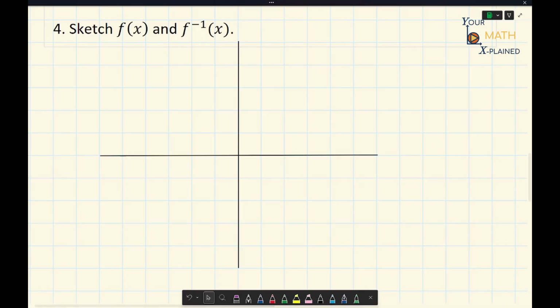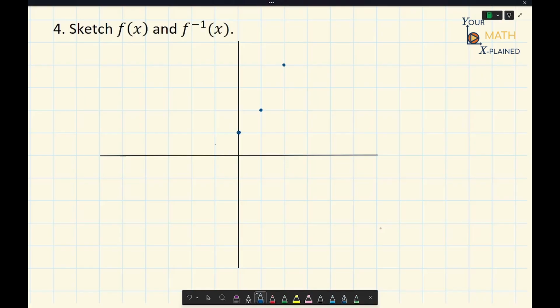So here, we want to sketch the function f of x, which is 2 to the power of x, and the inverse function, which is log base 2 of x. So let's start by drawing the exponential function f of x. So 2 to the power of x, we can plot a couple of points. 2 to the power of 0 is going to be 1. 2 to the power of 1 is 2. 2 to the power of 2 is 4.